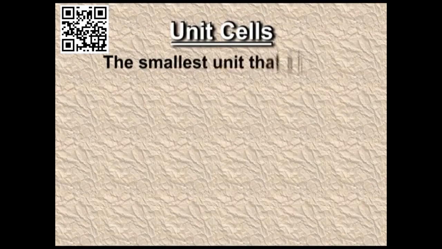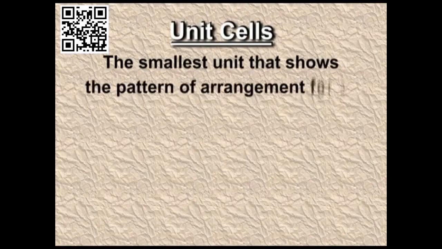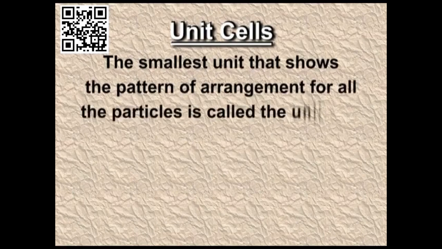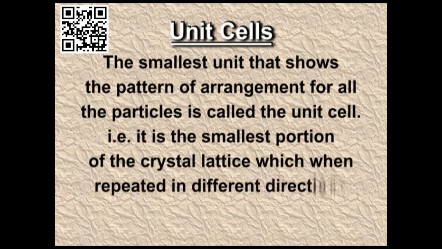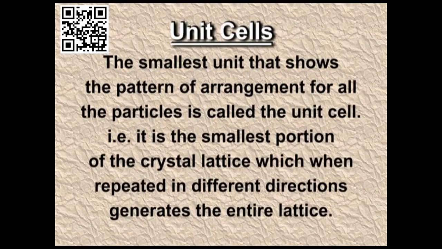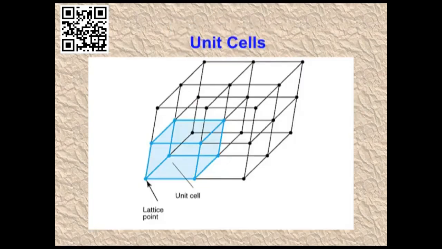The smallest unit that shows the pattern of arrangement for all the particles is called the unit cell. That is, it is the smallest portion of the crystal lattice which, when repeated in different directions, generates the entire lattice. Here in the picture also you can see the blue shaded portion is a unit cell.